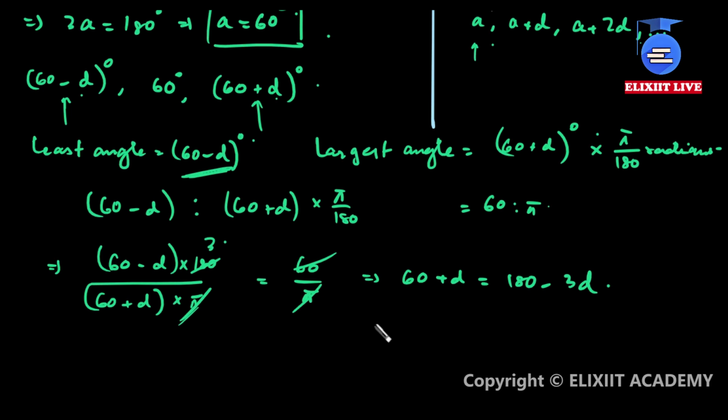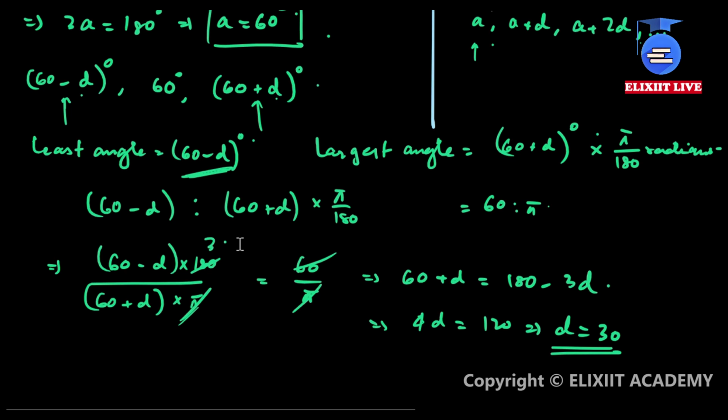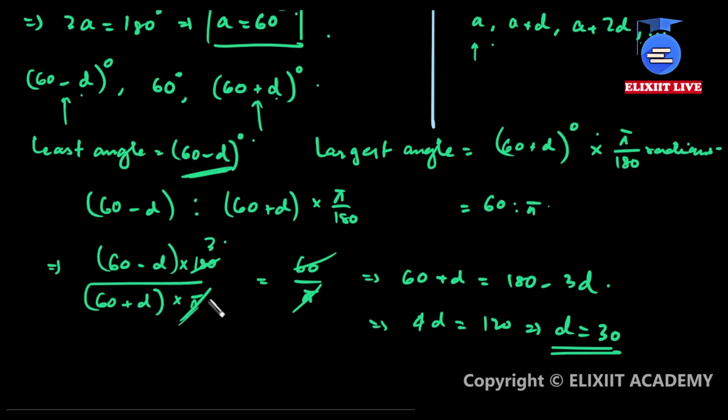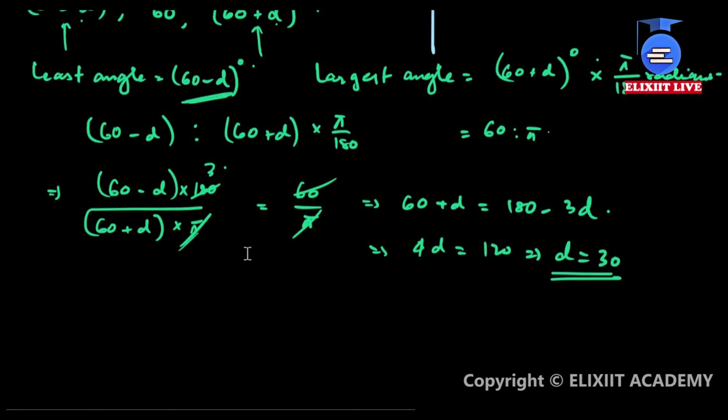If you cross multiply, what am I getting from here? 4d is actually 120, so d is actually 30. The common difference is 30. So now we have got d. We have 60 degrees, so what are the angles? 60 minus d, 60 degrees, and 60 plus d degrees.